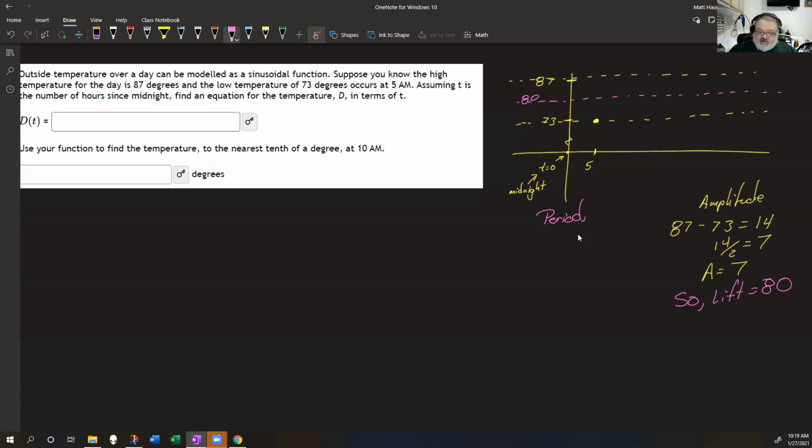So this thing has to repeat every day. Fair? And we're doing time in hours. So if we're doing time in hours, what should our period be? 24. So our period is our nice 24 hours.